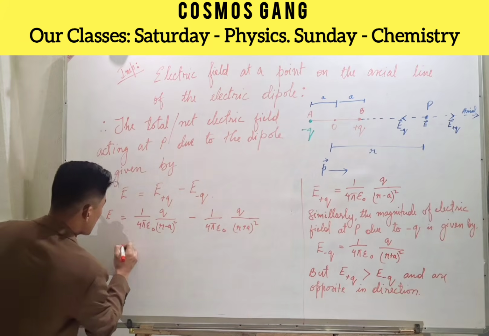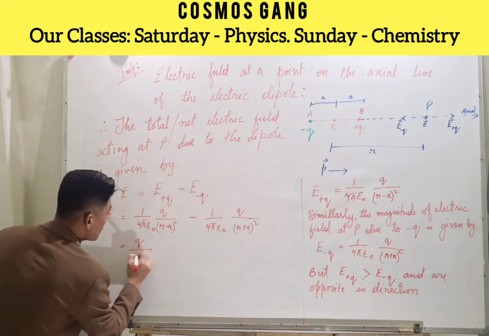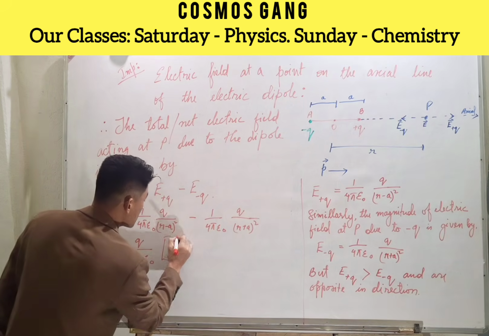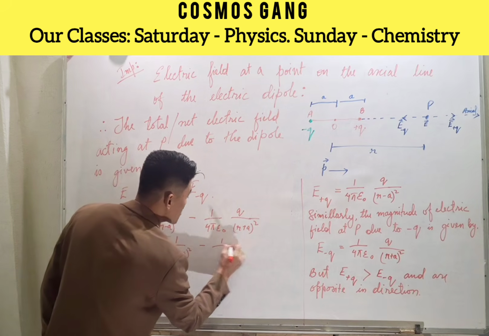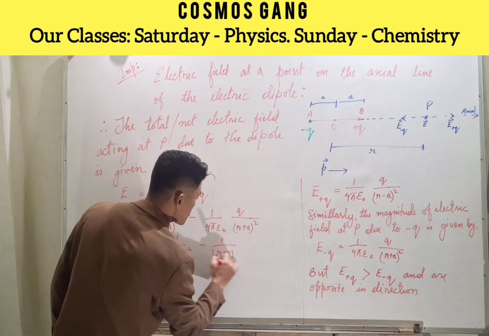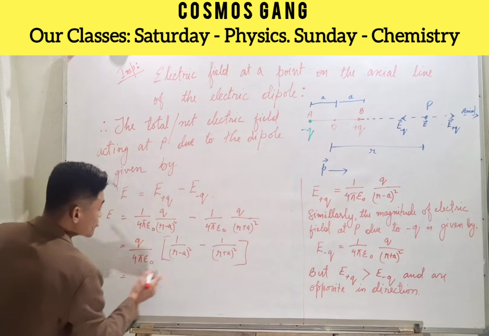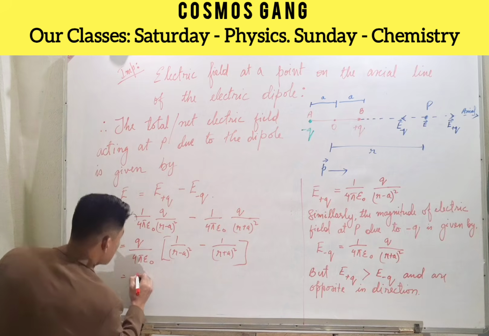I take whatever is common from here, Q by 4 pi epsilon naught. What is left is 1 divided by (R minus A) whole square minus 1 divided by (R plus A) whole square. I try to solve the terms inside the bracket.